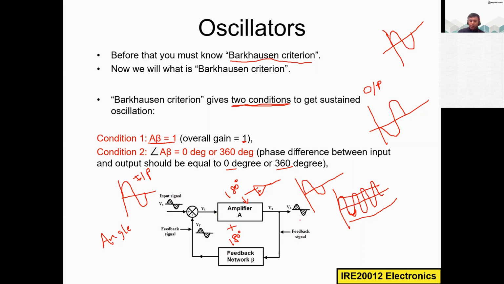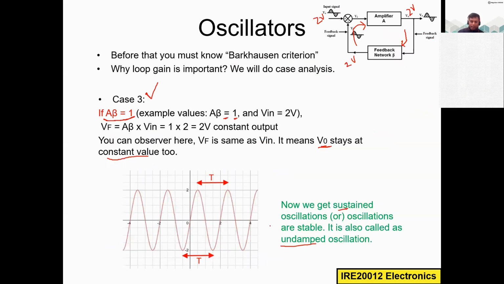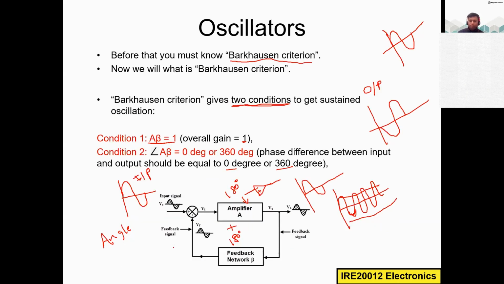Then everything is okay. Whenever we have some input, we will get the output like this, a very standard one, with a stable amplitude and phase difference 0. There is no phase difference between input and output. The output is the same as the input. So this is called the Barkhausen criterion.